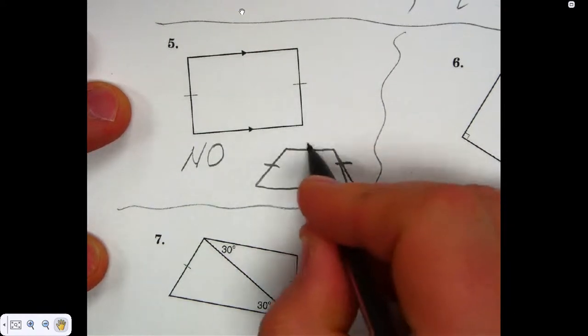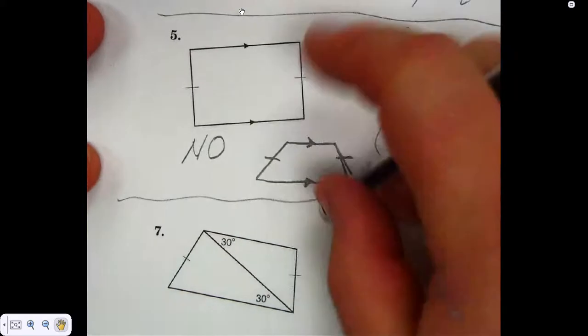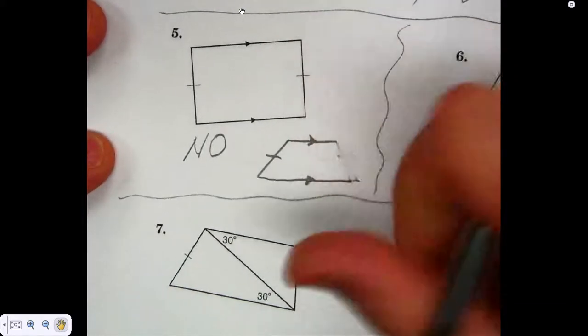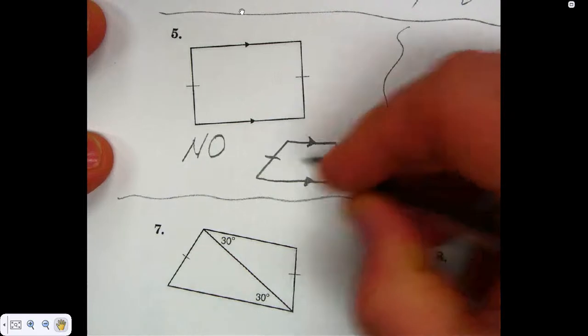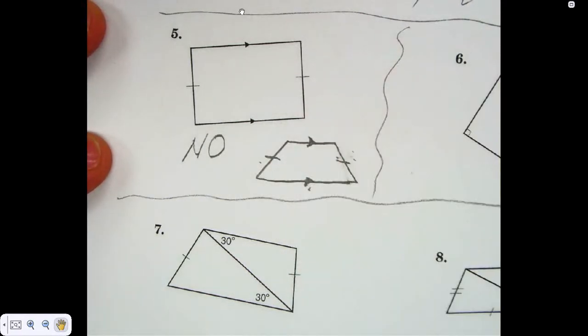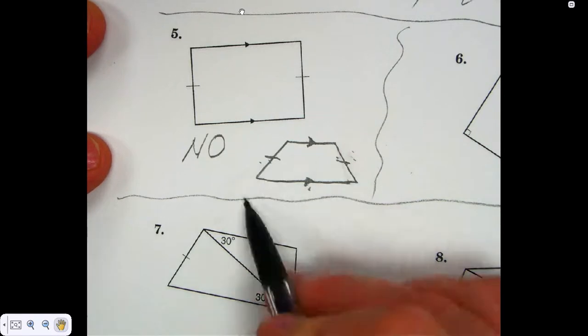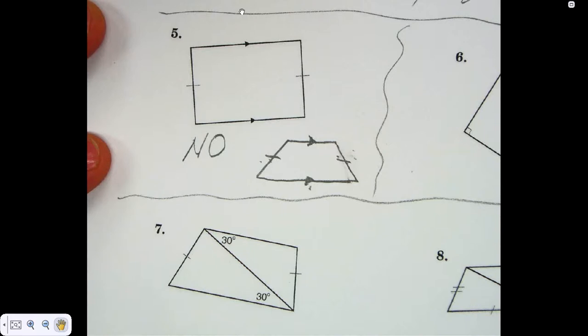But if that was congruent to that, couldn't that be parallel to that? You know what that is? It is an isosceles trapezoid. These two are congruent, and those two are parallel. And that's not a parallelogram, because obviously this side's not parallel to this side, is it? Eventually they're going to meet, aren't they? Okay, so that's why no.